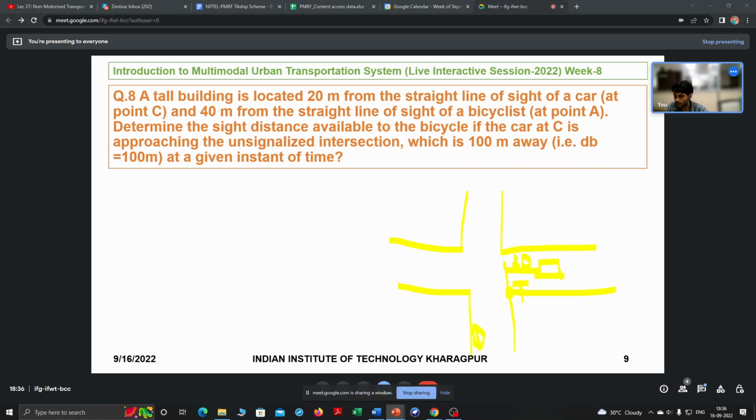And your bicycle distance is what? 40 meter from this is 40 meters bicycle, and your unsignalized intersection is 100 meters away. So suppose your unsignalized intersection is 100 meters, right? Now the question is, what is this to this, how much? This is 40 meter, we know, but we don't know this point, right?